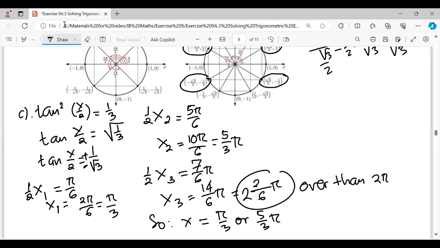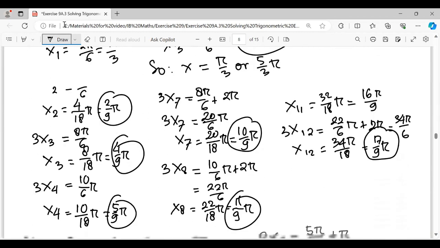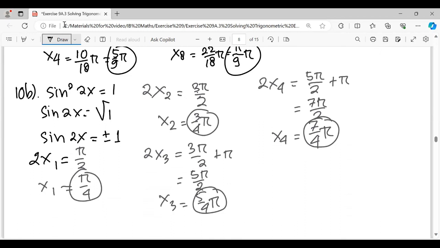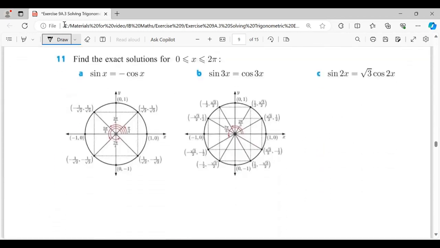And then I'm going to move to next. Okay, 11. Find the exact solutions for x, where x is from 0 to 2 pi.